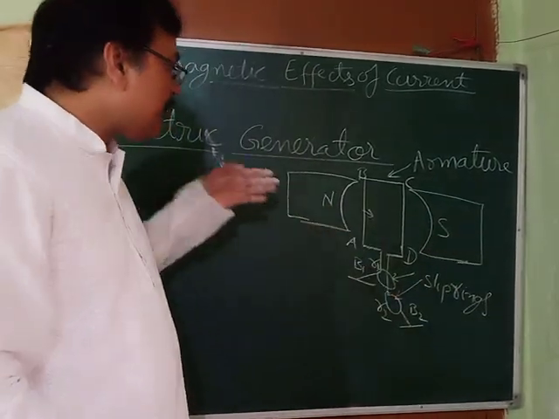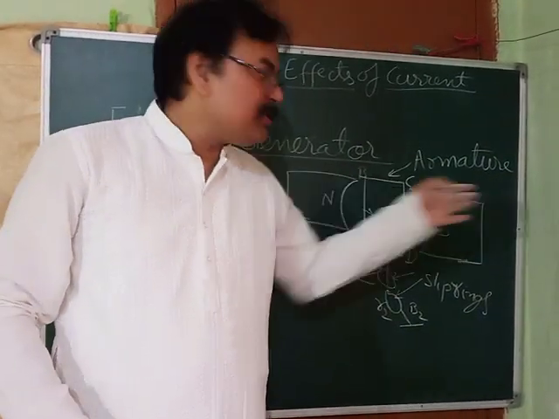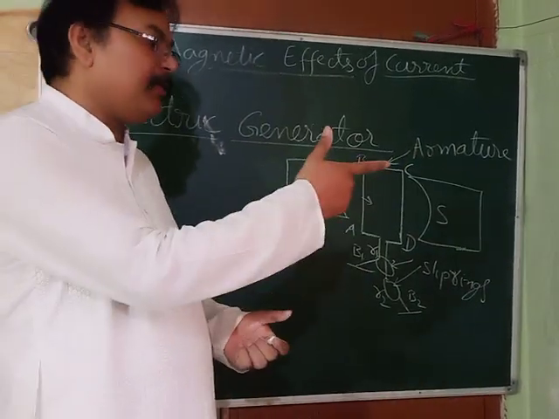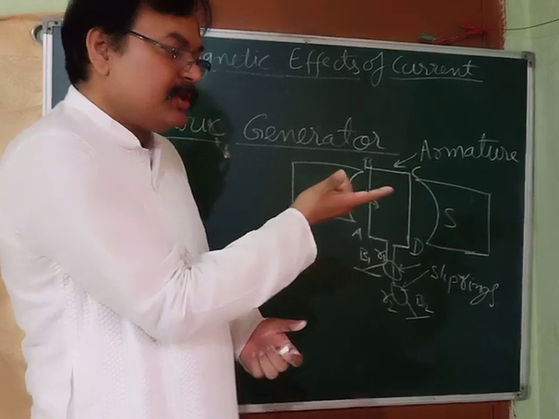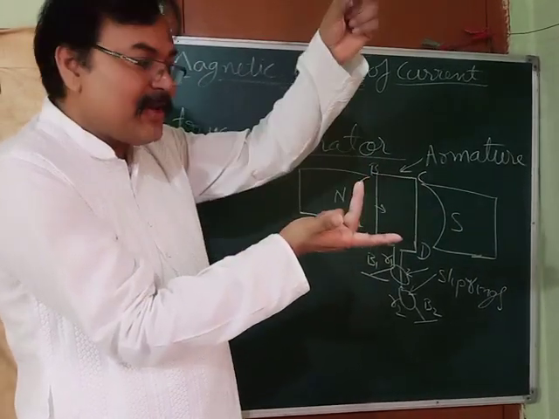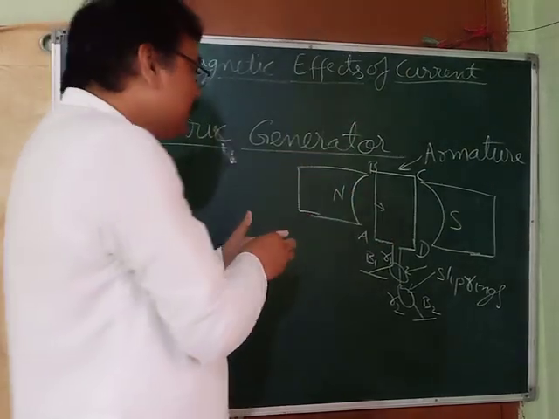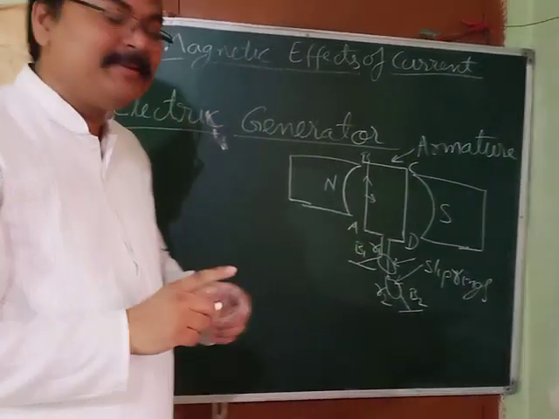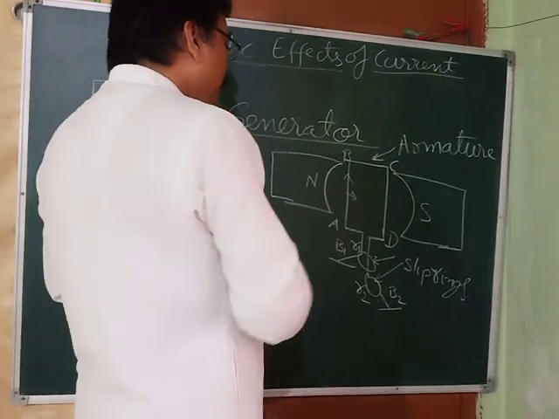What is the direction of magnetic field? Towards that side. Okay, so the magnetic field is in that direction. Motion is towards you. So in which direction will the induced current be? Upward direction. So current will be produced in the upward direction. Got it?